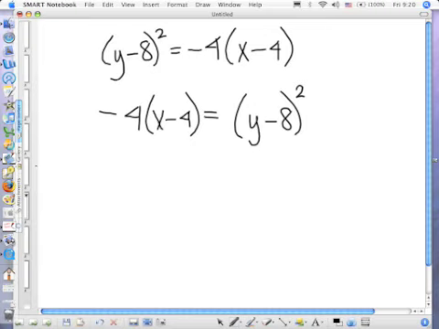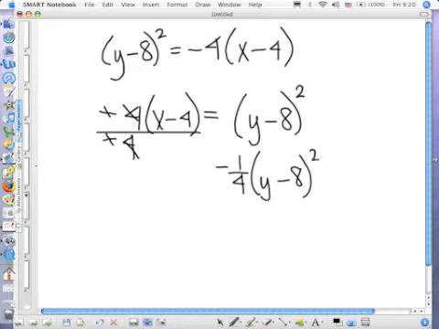Now, we want x by itself, so the first thing I'll do is what? Just like the last problem. Divide by -4, which is the same thing as multiplying by -1/4. And then what?